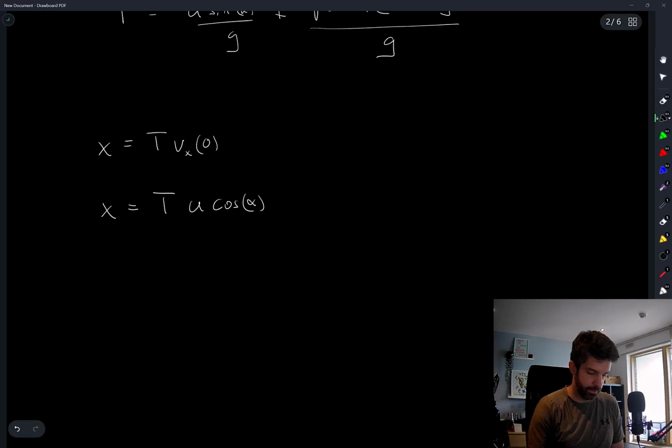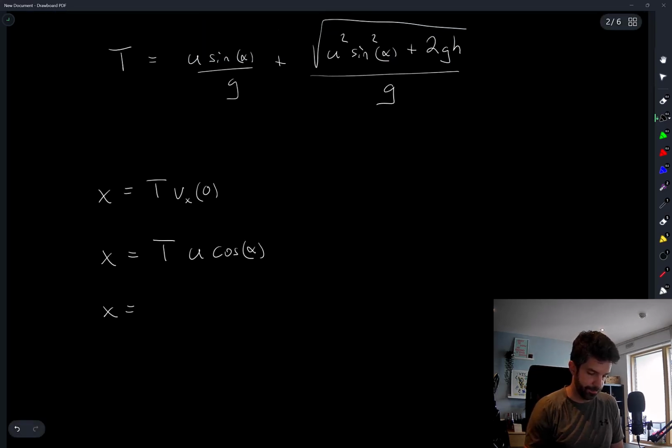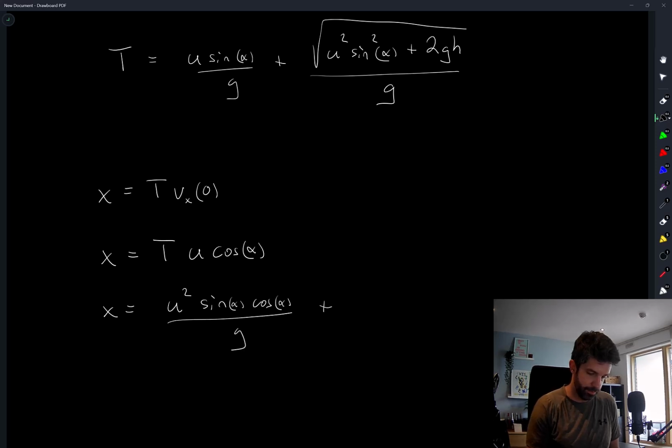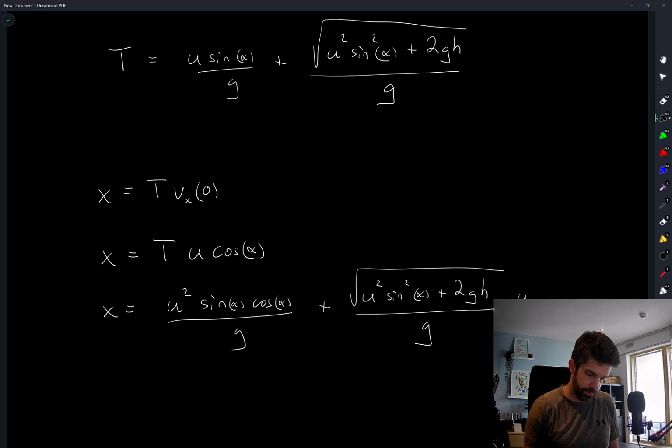Okay. So x is equal to this quantity, this capital T times u cosine alpha. So I have u squared sine alpha cosine alpha over g plus, so we'll probably have to do some simplification of some sort, times u cosine alpha.